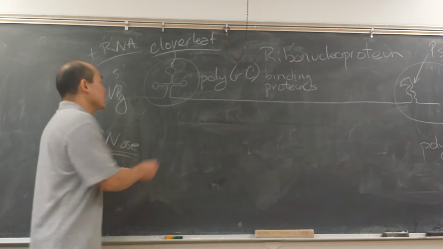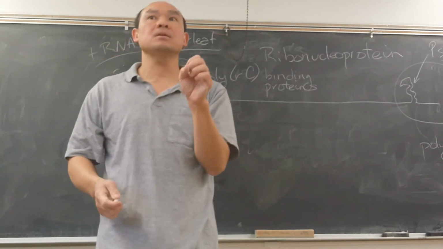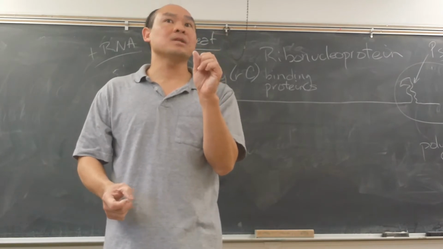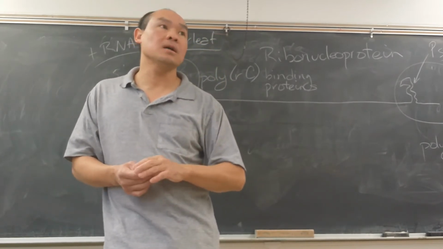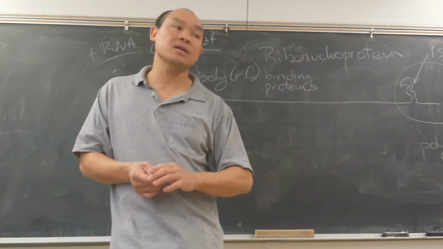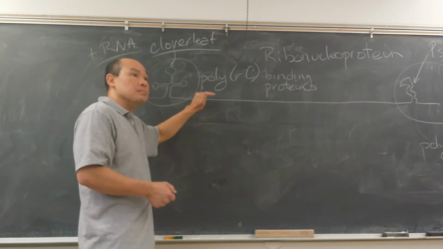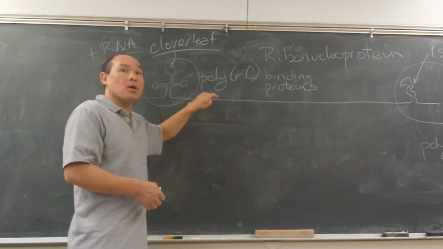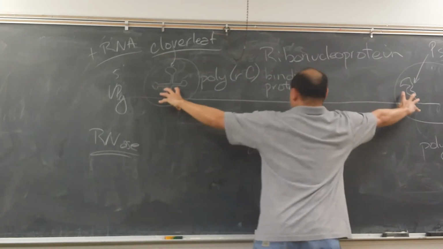Translation occurs because, if you remember anything about translation for a host cell eukaryotic cell, what must the structure of the mRNA be? Circular, right? So this has to interact with this.